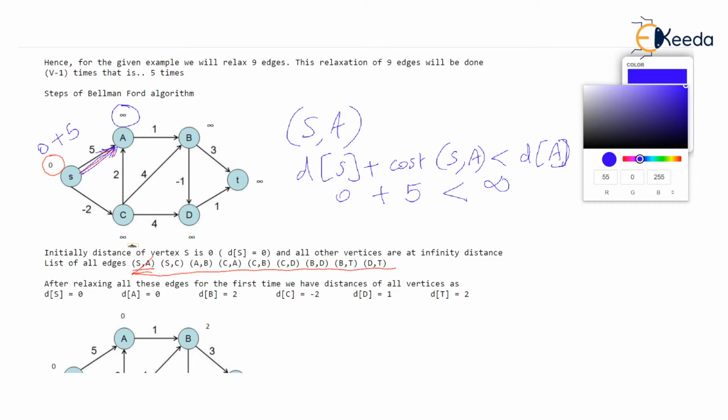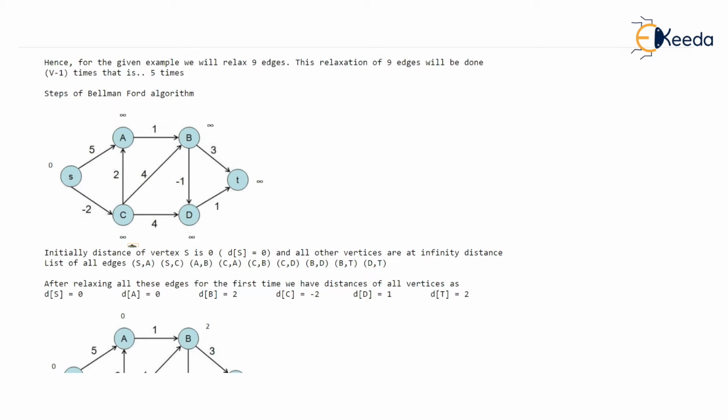In that case, we will make dA equal to ds plus cost of S comma A, which is 0 plus 5. So hence, after relaxing S comma A, the vertex A will be no more at infinity, but it will be at distance 5. I hope you are understanding. So hence, what exactly are we now noting is that after relaxing S comma A, we have got distance of A as 5.